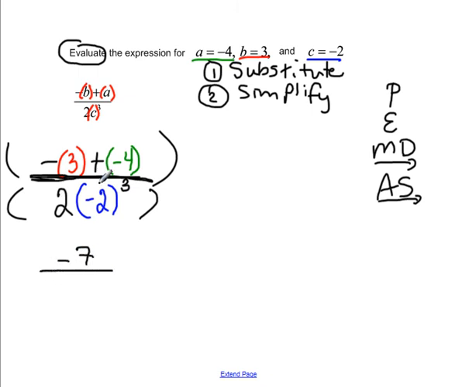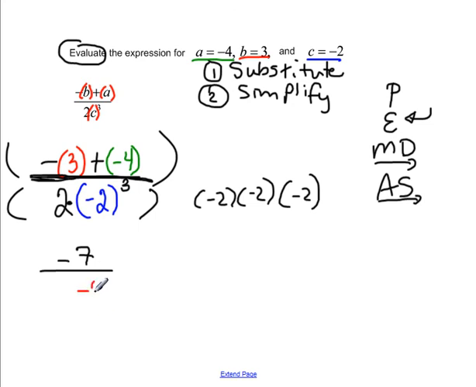So that's going to be my numerator value. In my denominator, I've got a few more things going on. I've got multiplying, and I've got exponents. And we know from order of operations we need to do exponents before we do the multiplying. Don't be tempted to do the multiplying first just because it comes first. We have to do the exponents first. So -2 is in parentheses, so that means -2 times -2 times -2, and when we multiply that out, that gives us -8.